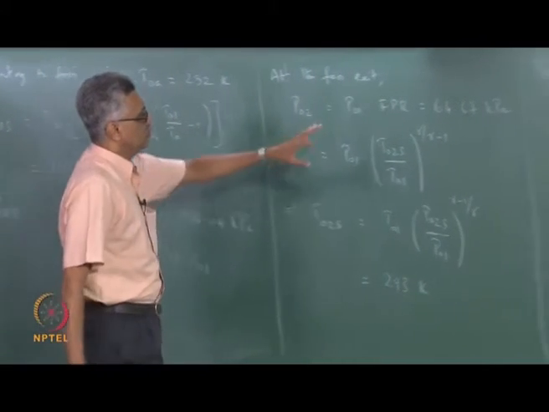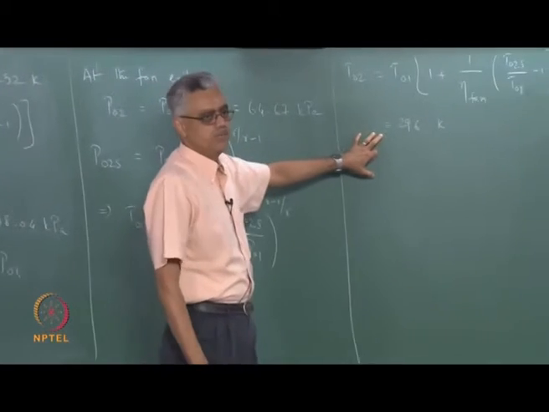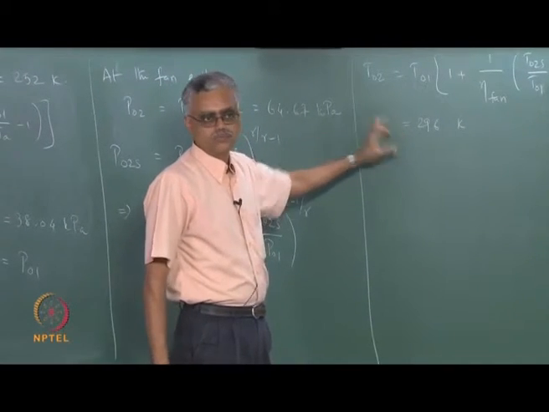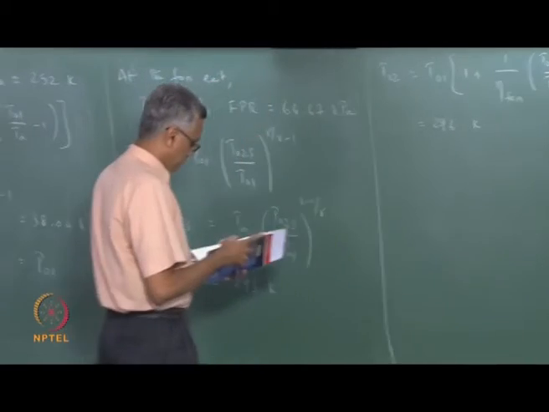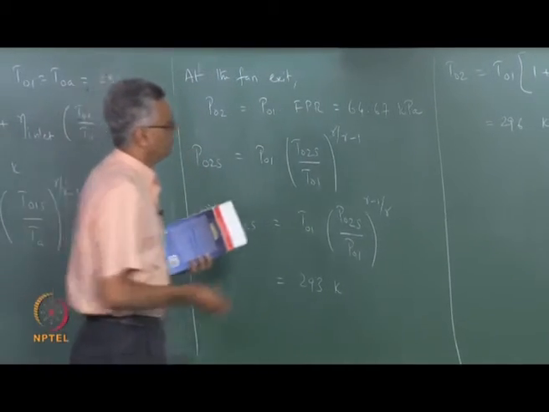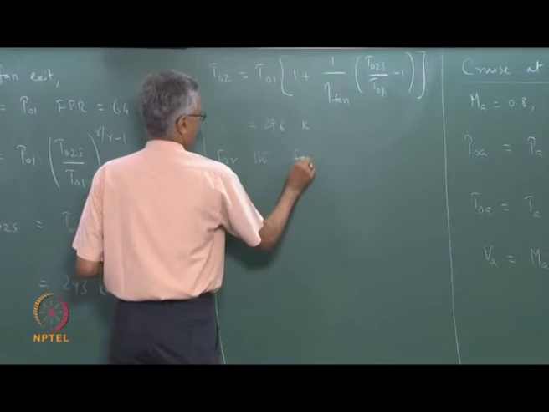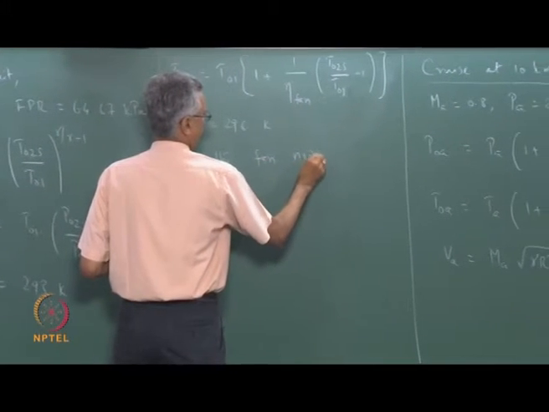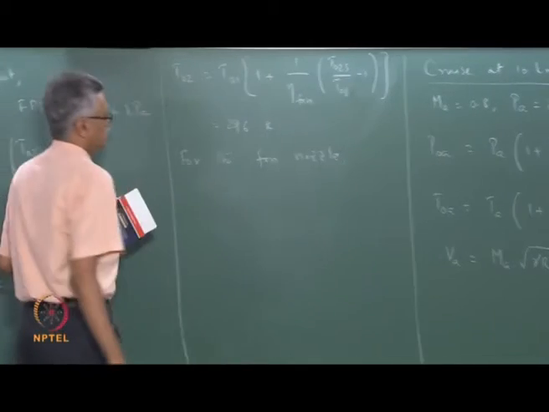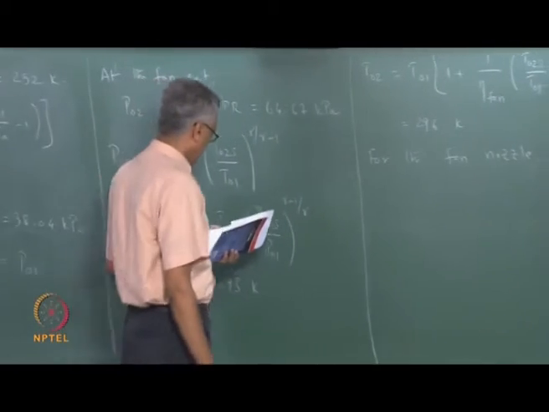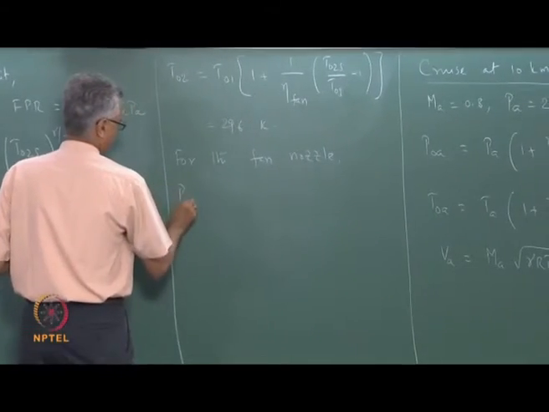So the next component in the fan stream is going to be the fan nozzle. So let us go ahead and complete the fan stream. For the fan nozzle, since I know P02, I can calculate the critical pressure.